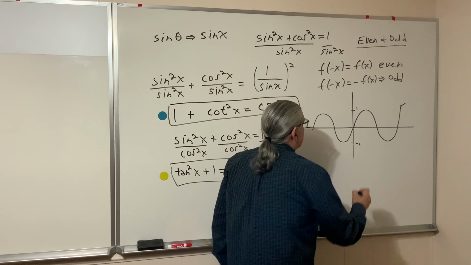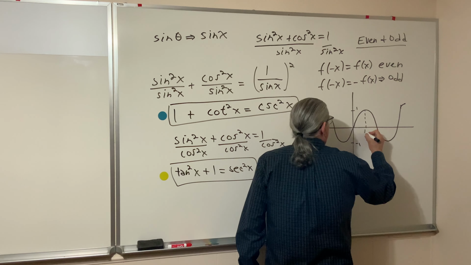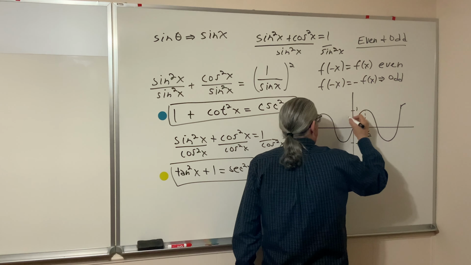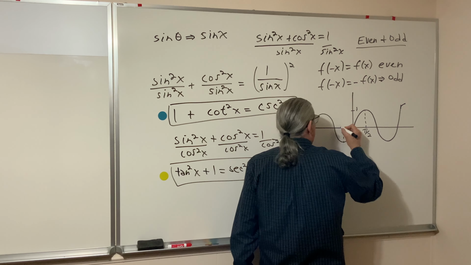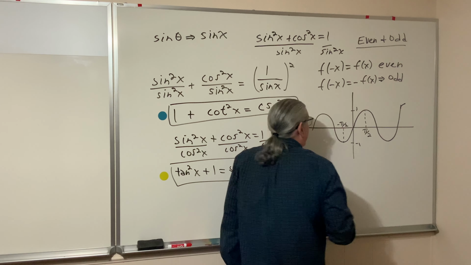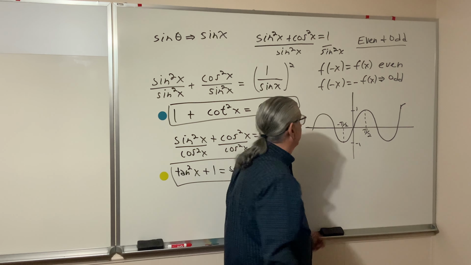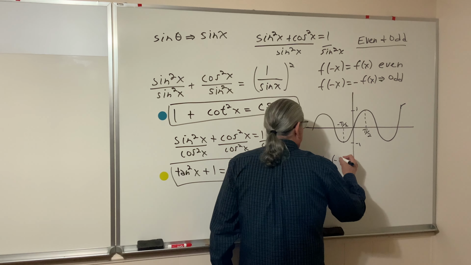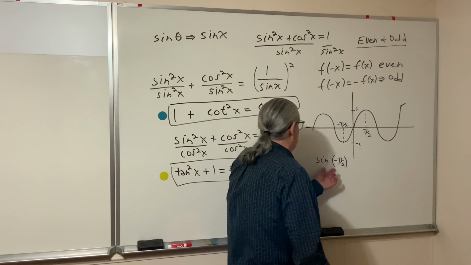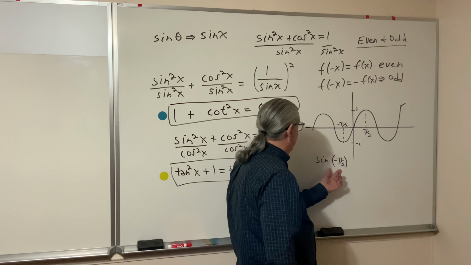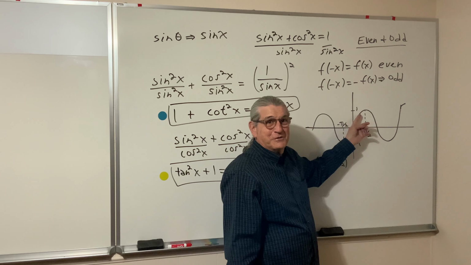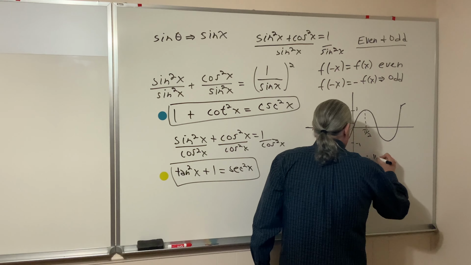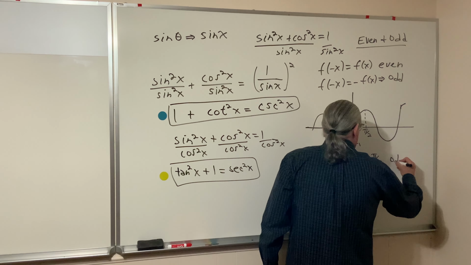So if you notice right here at pi over 2, we have 1, but at negative pi over 2, we have -1. So the sine of negative pi over 2, which is -1, is negative the sine of pi over 2, which is +1. So it's odd.